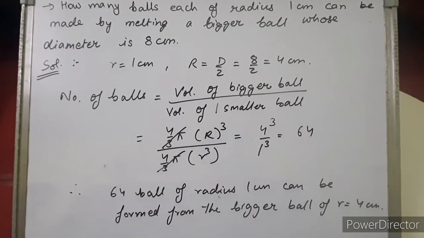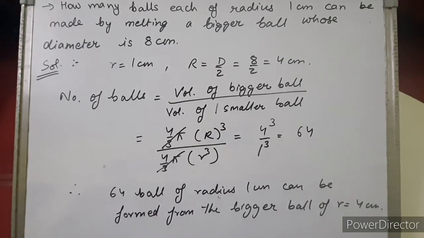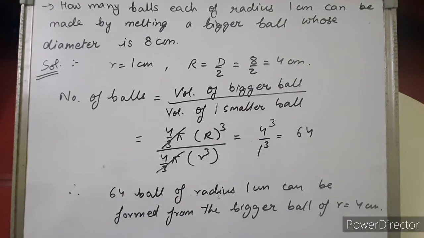Now let's see another sum children. In this sum it is given: how many balls each of radius 1 centimeter can be made by melting a bigger ball whose diameter is 8 centimeter. Right. Now the diameter of the bigger ball is given as 8 centimeter.